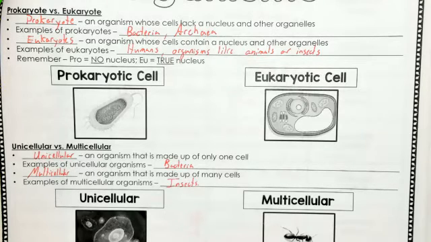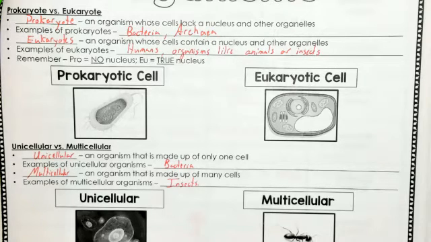One thing that's important to remember, guys, is for eukaryotic and multicellular things, we also have reproductive cells. For women, you have a fertilized egg. For men, you have a sperm. Those are specific cells made for reproduction and only reproduction.